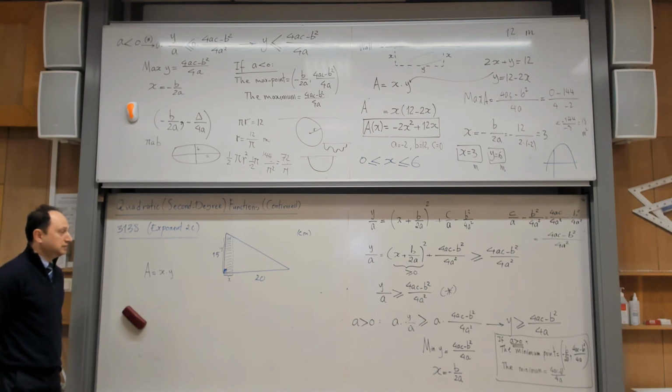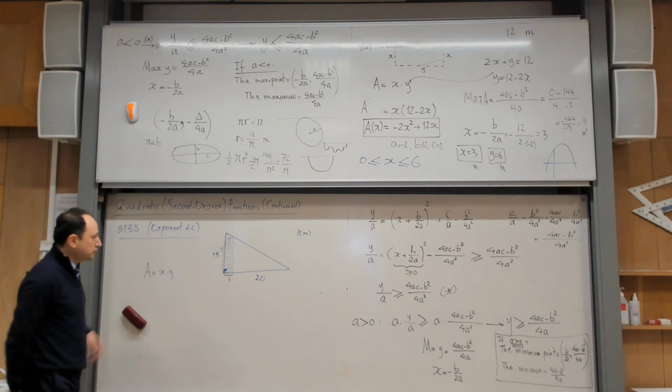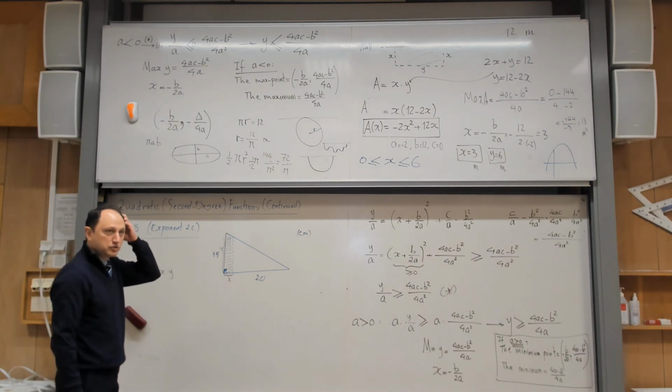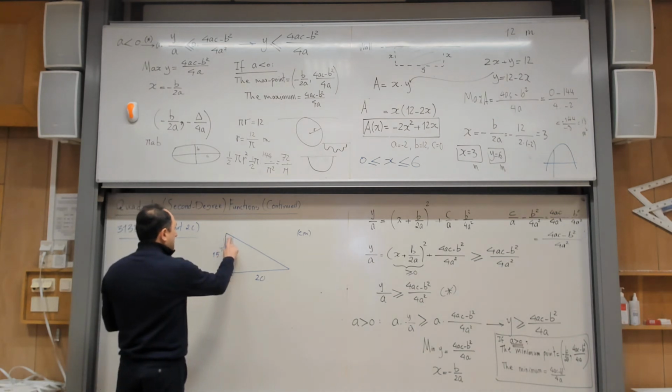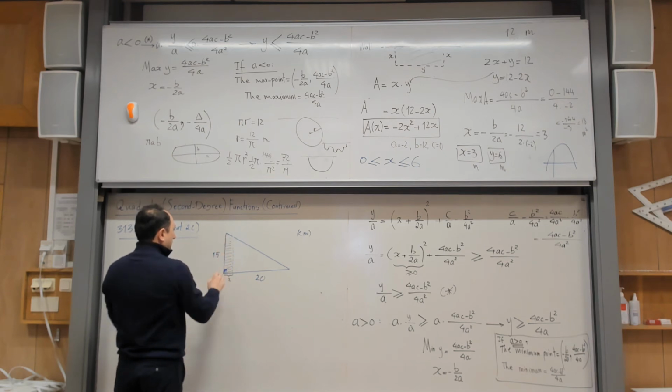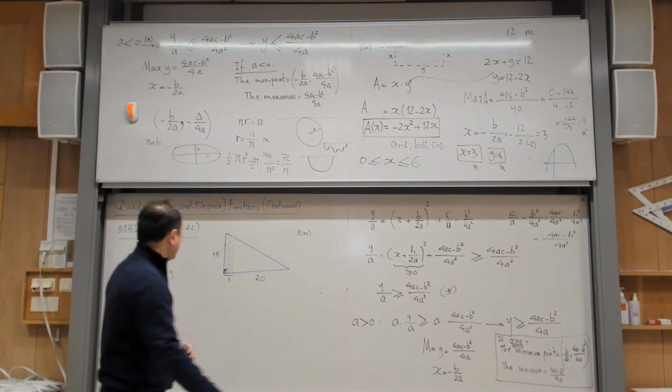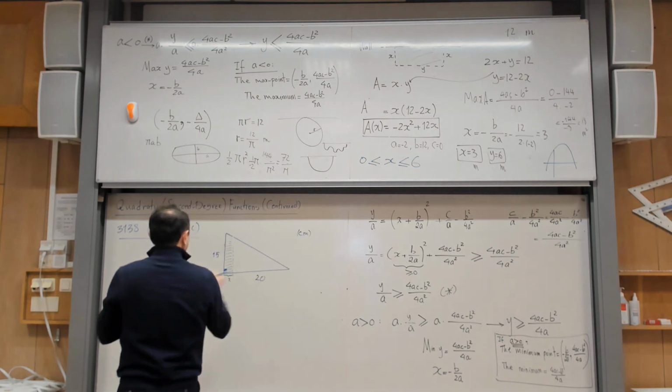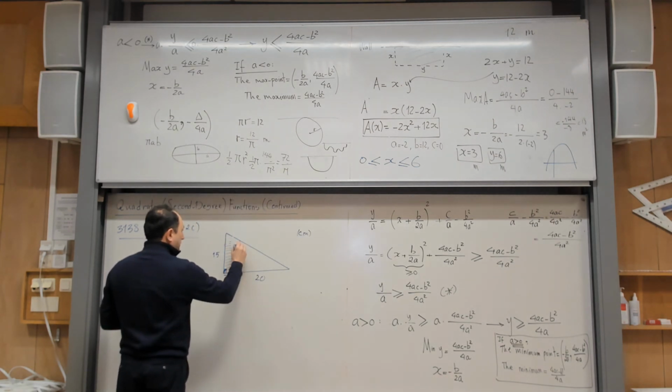Do you have an idea how to do that? So you want to get rid of y. I want to somehow relate these two variables together. If you don't mind, let me clean this and make it a little bit bigger so that you can see it better.